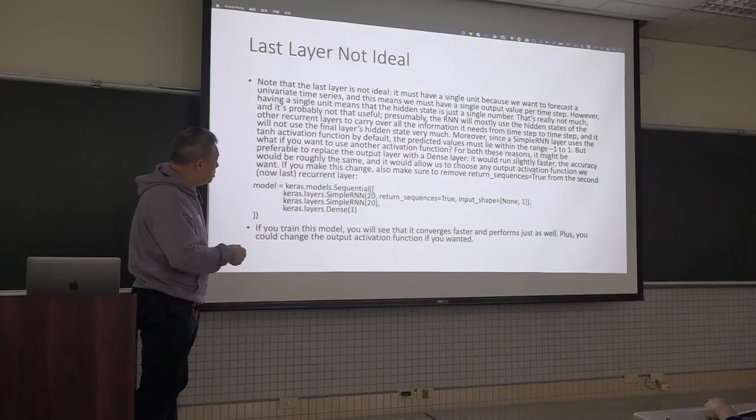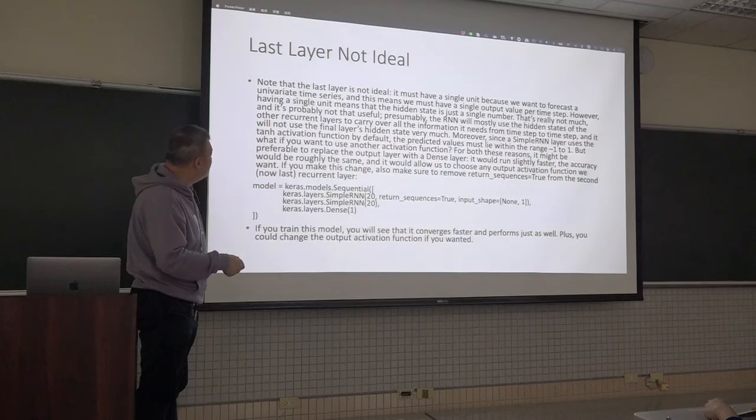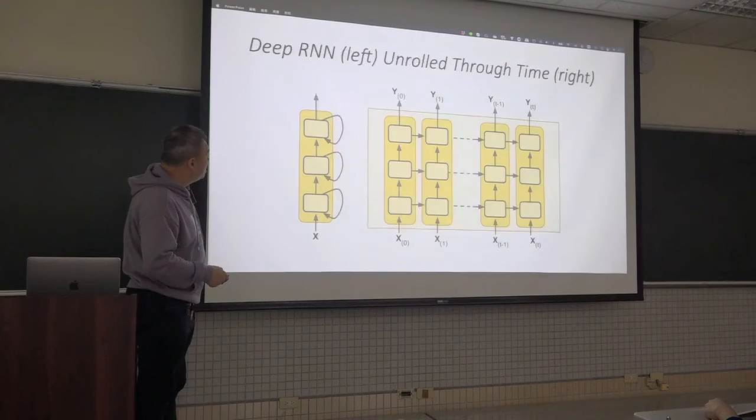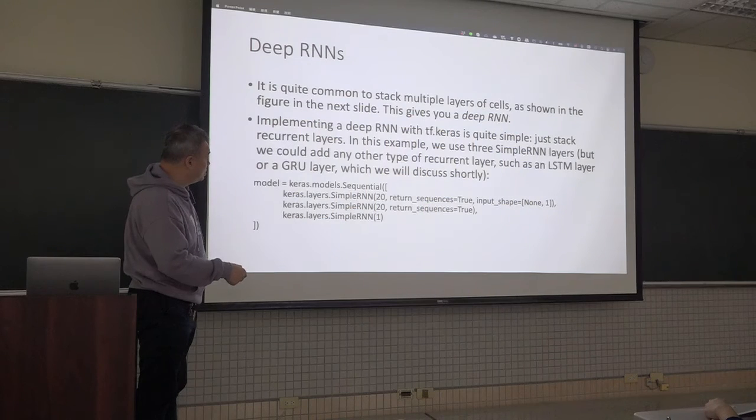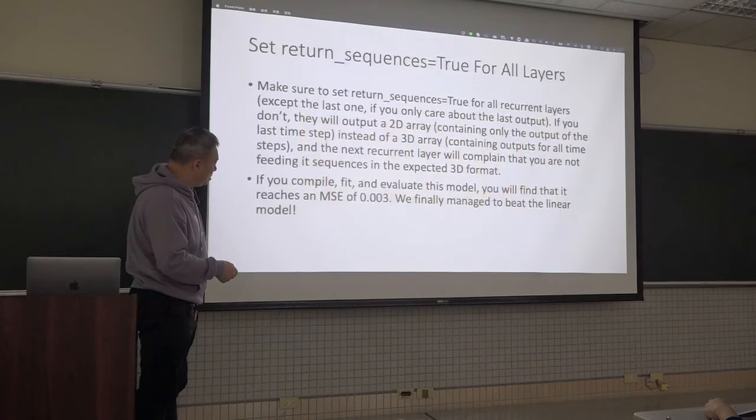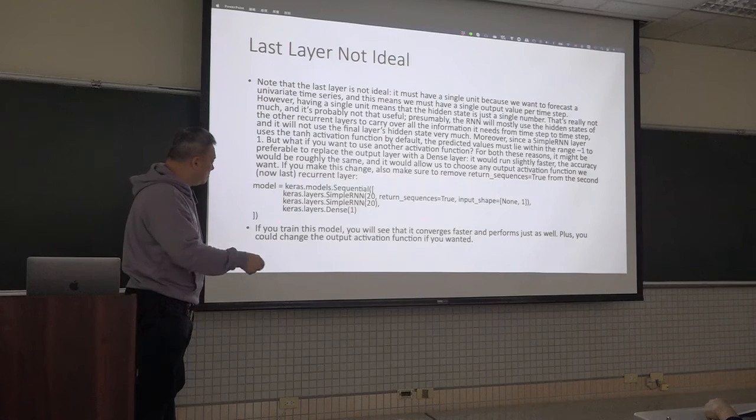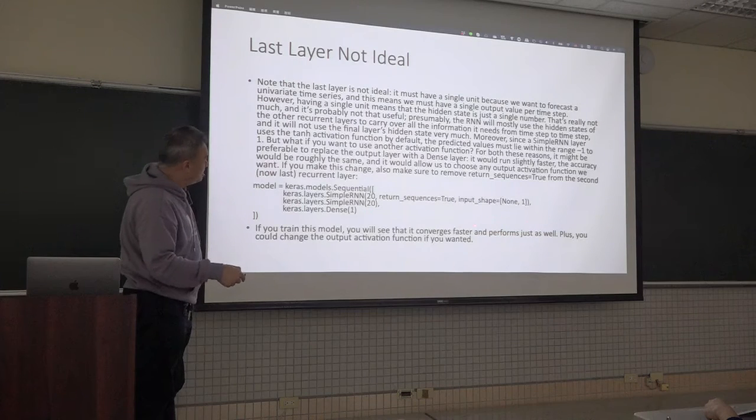After all, the regular dense neuron is supposedly much easier than the recurrent neuron. So since this model is simpler, the training converges faster. But it performs roughly the same, as I already mentioned earlier.